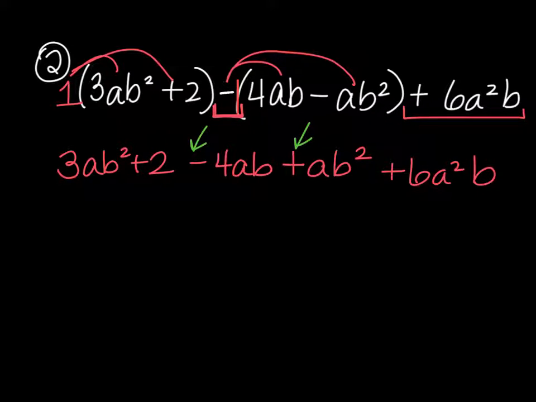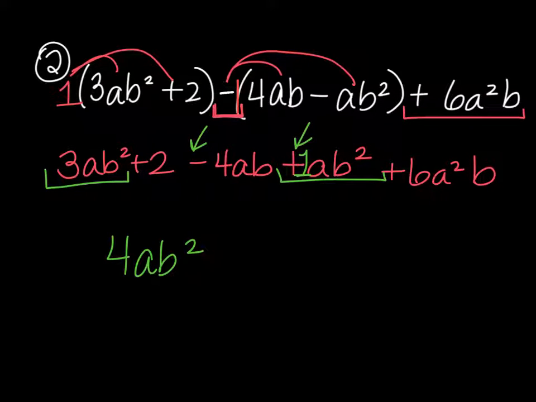Since these have 2 variables, there's not really a way to do standard form, so I'm just going to combine as I see things that go together. So I have a 3ab squared and another ab squared, as we talked about in class today. This is plus 1ab squared, so all together that's going to give me 4ab squared.